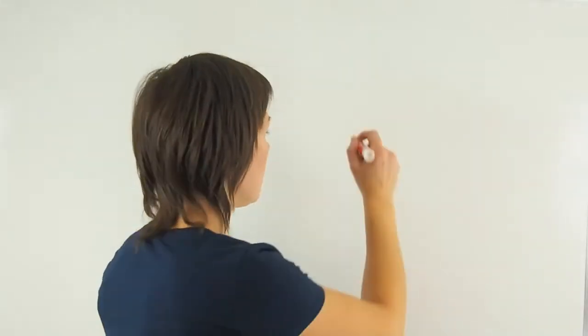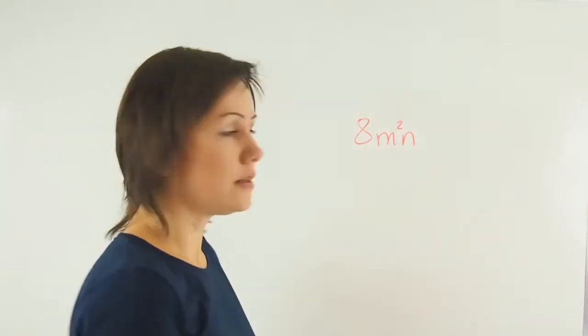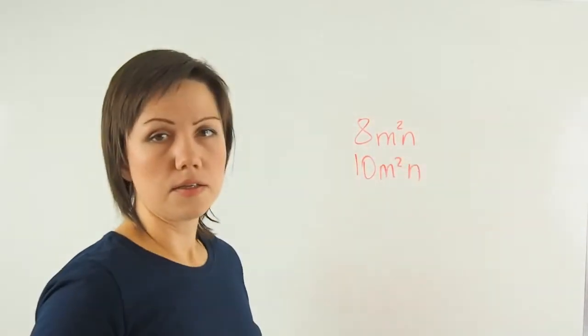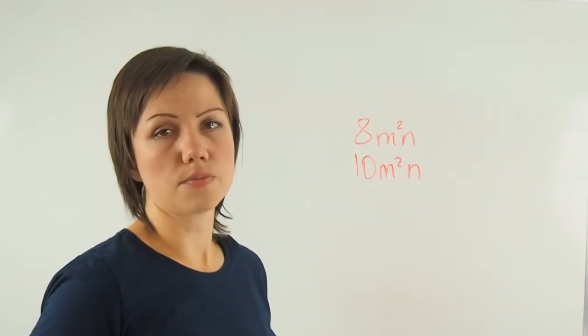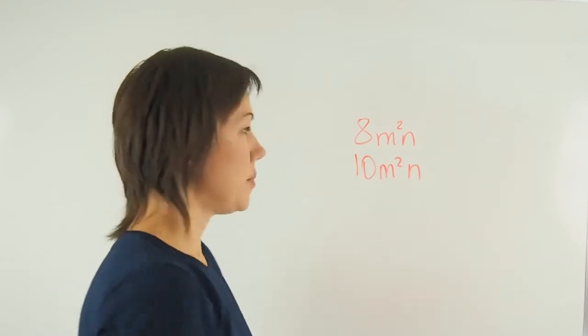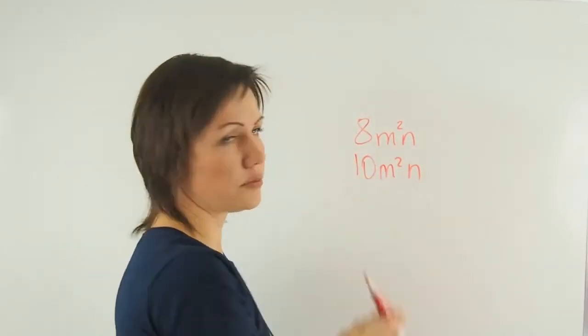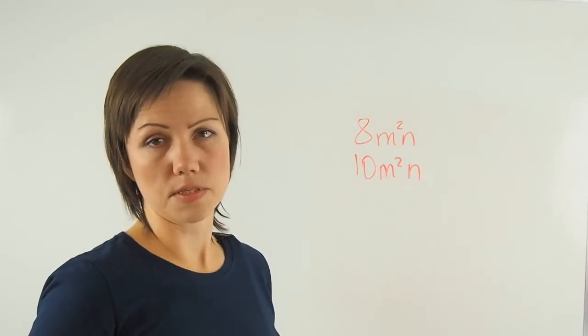Now, if we have two terms that have the exact same variables with exact same exponents, but only differ by their coefficients, then those terms are called like terms. If you have 8m squared n and you have 10m squared n, you see that both of the variables are identical with their exponents being the same, but the coefficients are different. So I can either add or subtract these terms, and this is called collecting like terms.